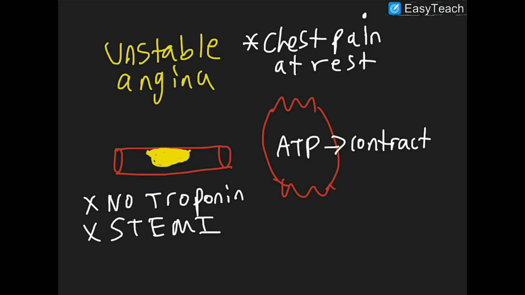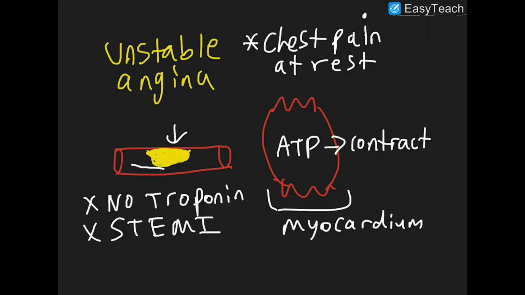Okay, so if the coronary artery that's supplying this part of the myocardium is partially occluded, then that means less blood flow is reaching the myocardium. So it's already having a hard time contracting.